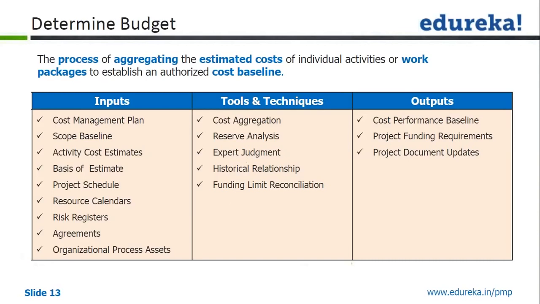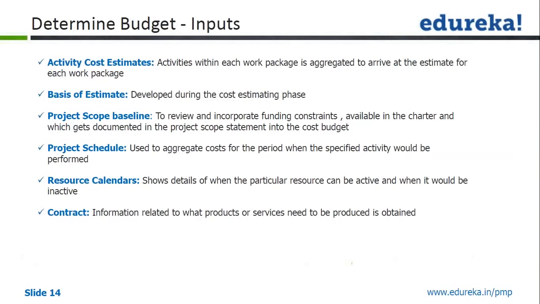The rest we'll discuss at the appropriate slide. The main input for determining the budget is always the activity cost estimate, which will be aggregated to work package level, then work package to control account, and essentially to your cost baseline. Let's see it one by one in subsequent slides.